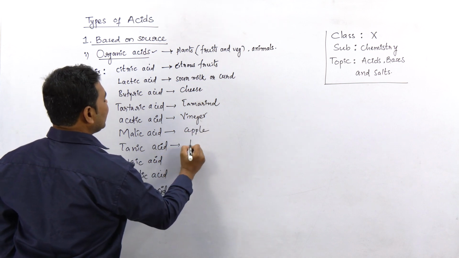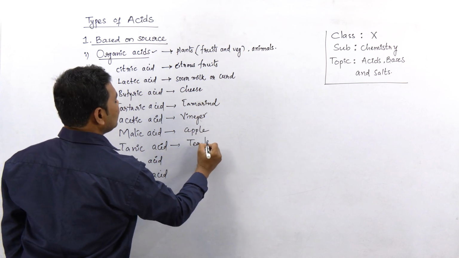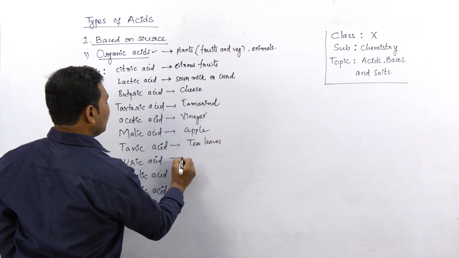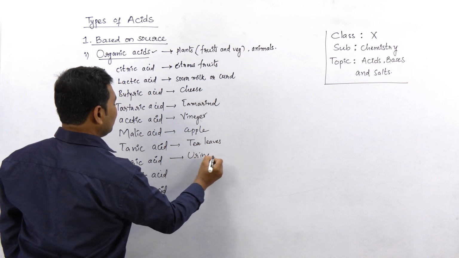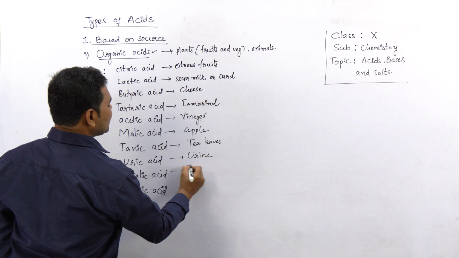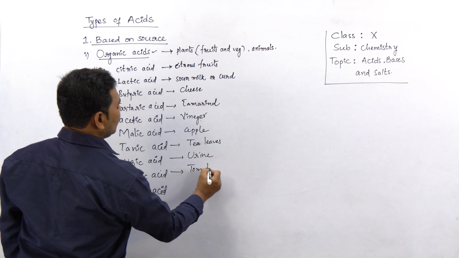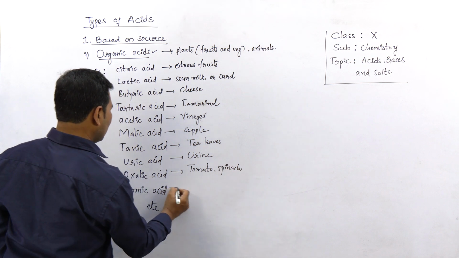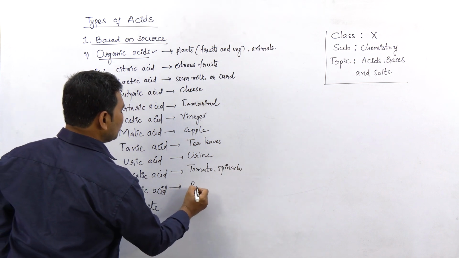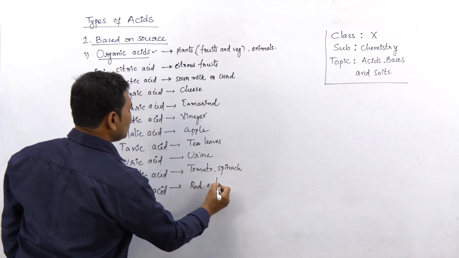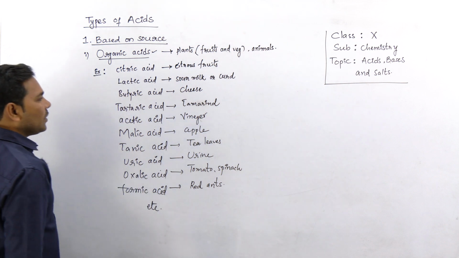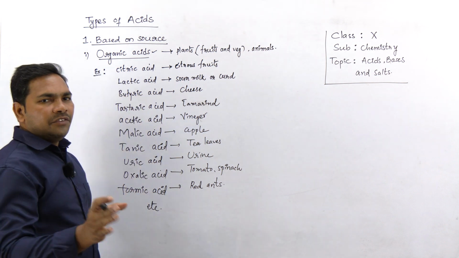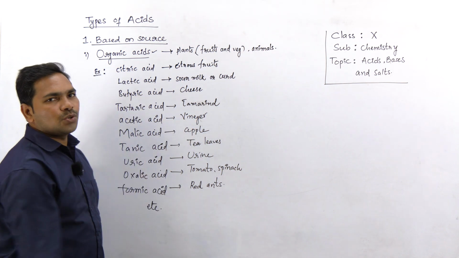Tannic acid is present in tea leaves. Uric acid is present in urine. Oxalic acid is present in tomatoes and spinach. Formic acid is produced by red ants, etc. These are a few organic acids and their sources.